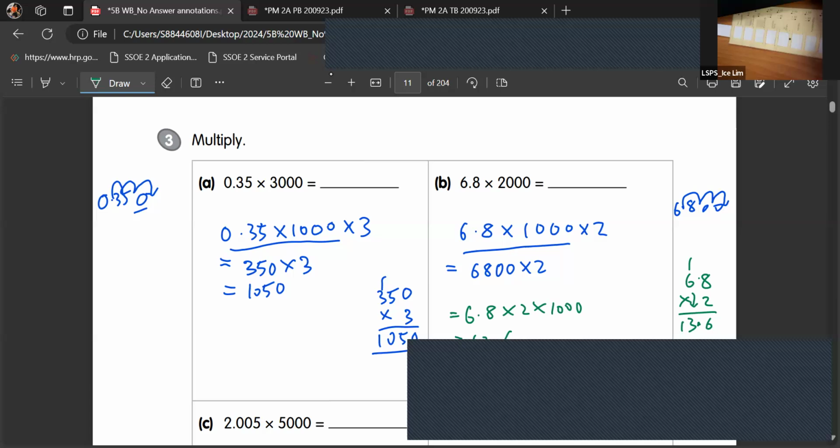Because there are fewer digits to deal with, I will choose to do the times 2 first, rather than 6,800 times 2, which actually both will give me the same answer.